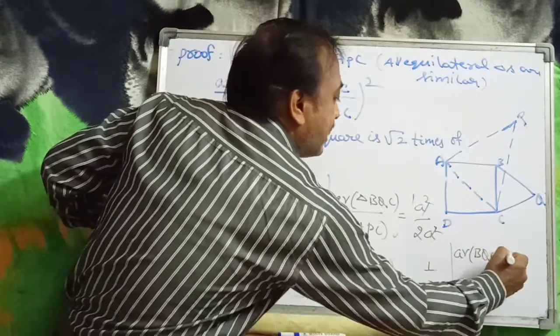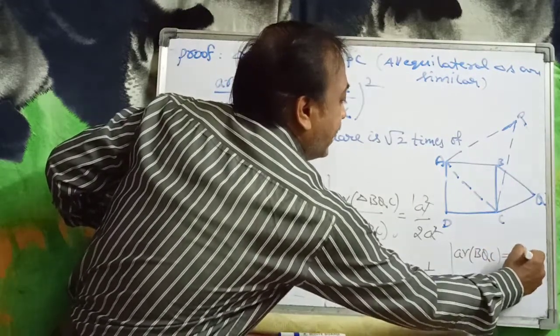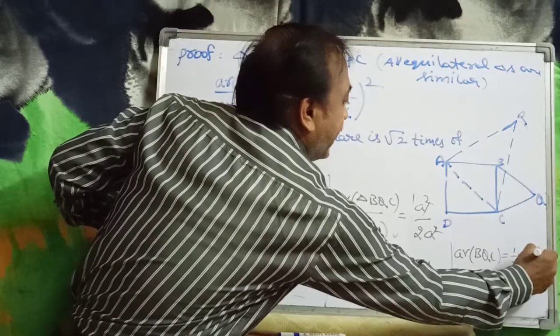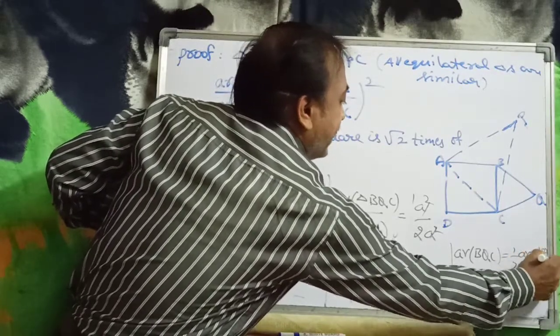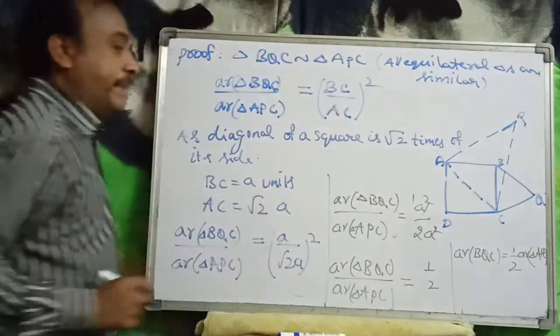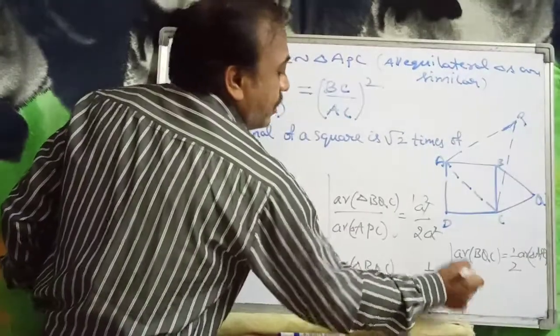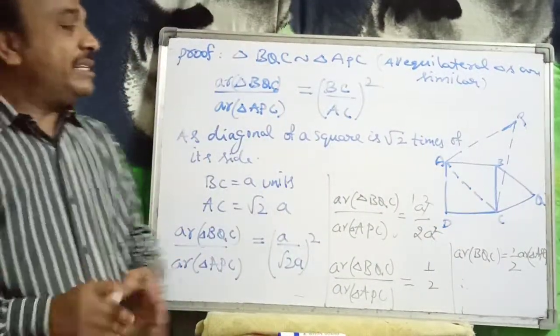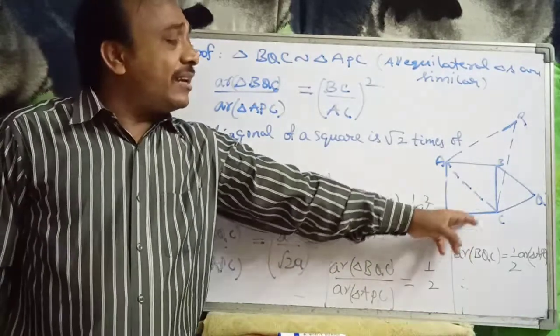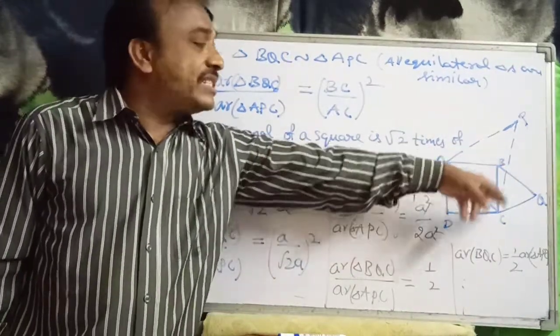Therefore, hence proved. AC is the diagonal, and the diagonal of the square will be root 2 times its side.